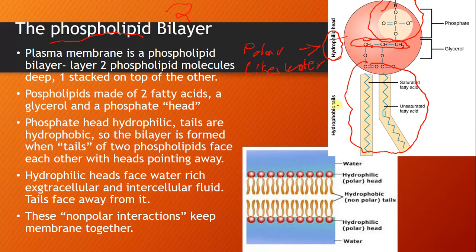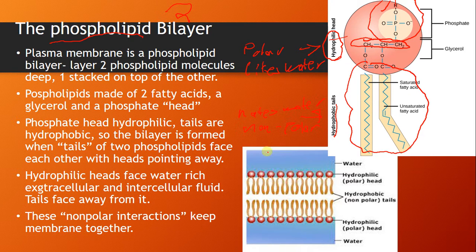The tails are hydrophobic, hates water, non-polar. So we have a hydrophilic, likes water part, and a hydrophobic, doesn't like water part. Polar, non-polar.